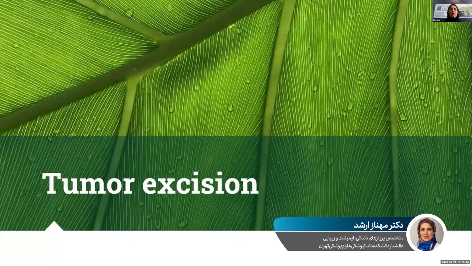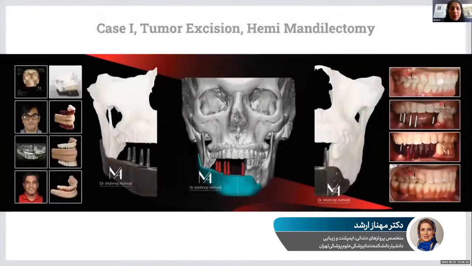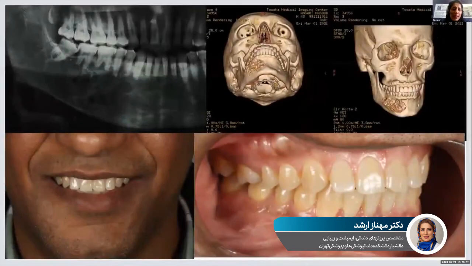And this subperiosteal implant is so useful and so special in tumor excision patients. I put two cases of tumor excision. The first case is a man about 48 years old, and he had an ameloblastoma tumor in the right side of the mandible.